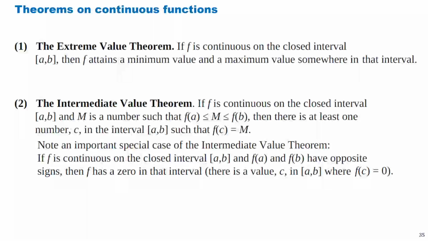Note that an important special case of the intermediate value theorem states that if f is continuous on the closed interval [a, b] and f(a) and f(b) have opposite signs, then f has a 0 in that interval. There is a value c in the interval a to b where f(c) equals 0.